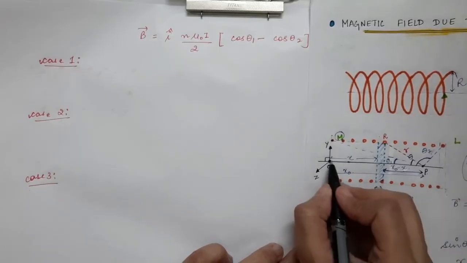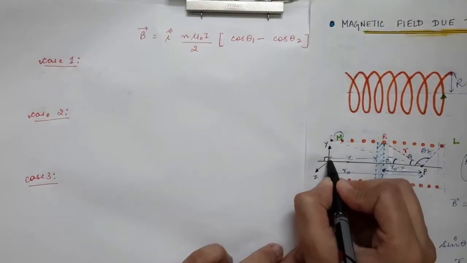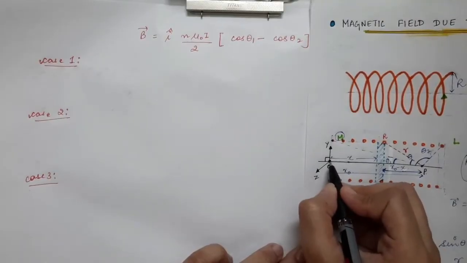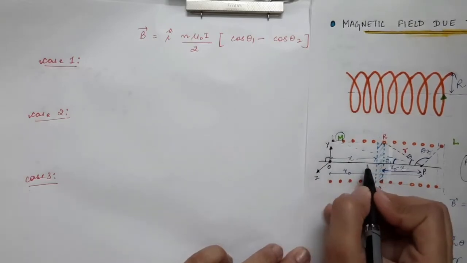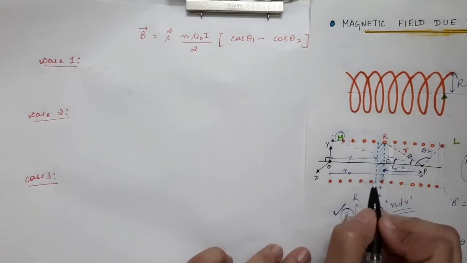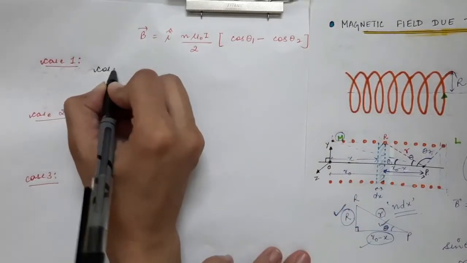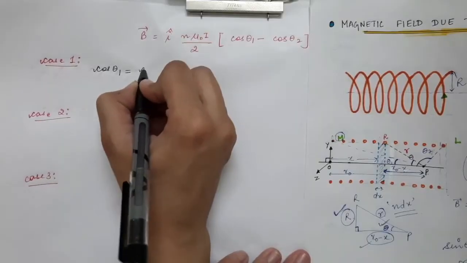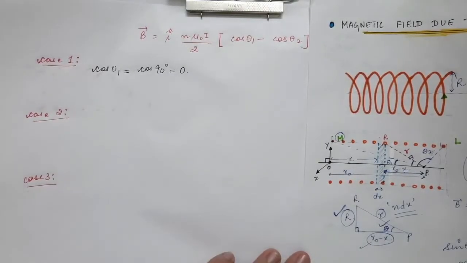So if the observation point is present over here, then theta 1 will be just 90 degrees. So what will be cos theta 1? Cos of theta 1 will be cos of 90 degrees, which will be 0.